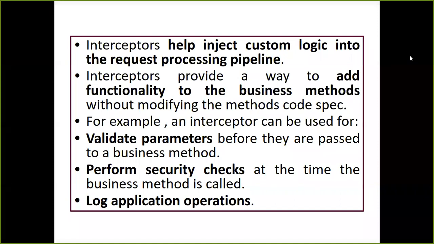Now, as I told you, the interceptor can be used for validating the parameters before they are passed to the actual method responsible for processing the requests which come from the client. It will validate first and only then pass them to those methods. It will also perform security checks at the time when the business method is called by the request. Also, it is going to maintain the log of application operations.